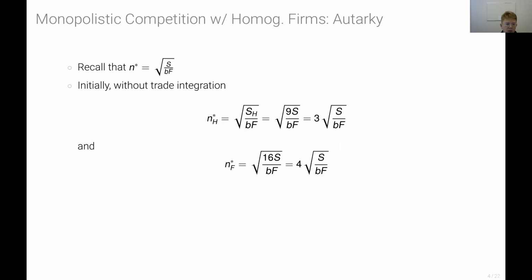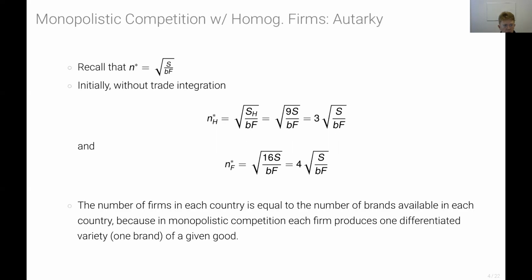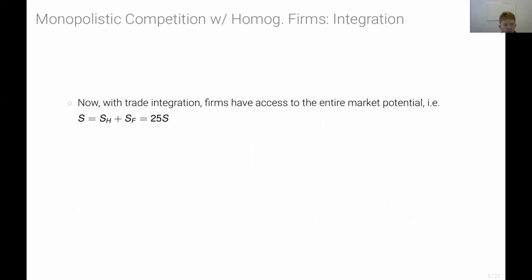We can do the same for the number of firms in foreign, and that gives us 4 times the square root of S over BF. Of course, the number of firms is also equal to the number of brands because we've associated one firm with its own brand, so we can refer to firms and brands interchangeably.